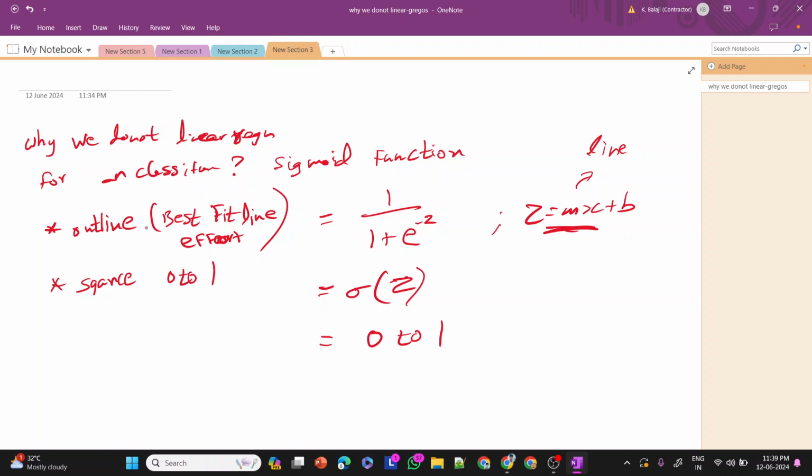To do this, we have to use the sigmoid function over the linear regression, so that we can get output between 0 and 1, and easily classify whether the student will pass the exam or not.